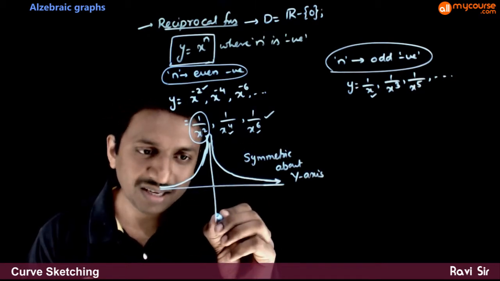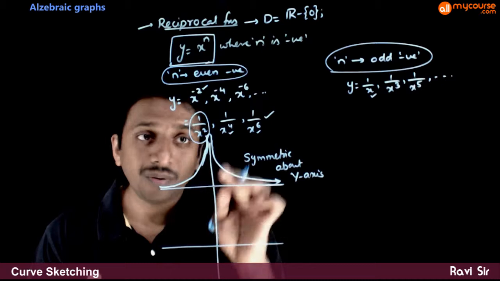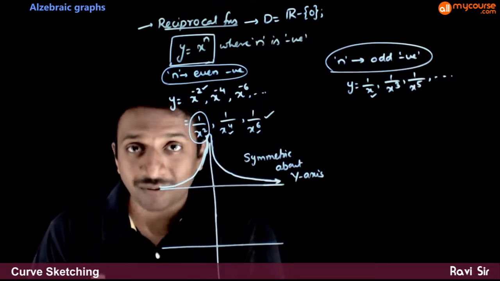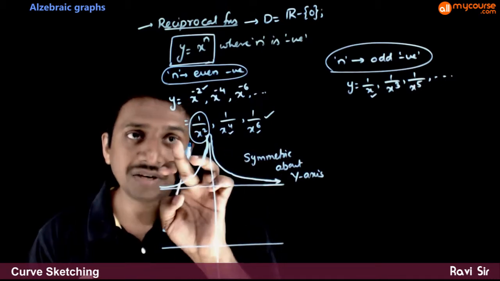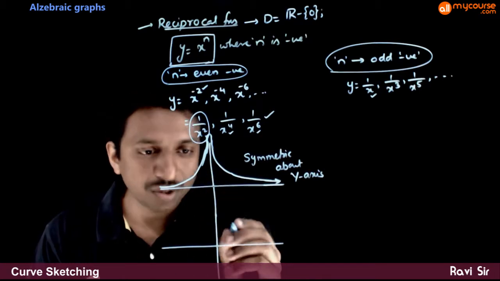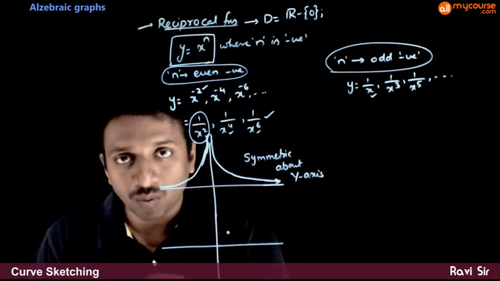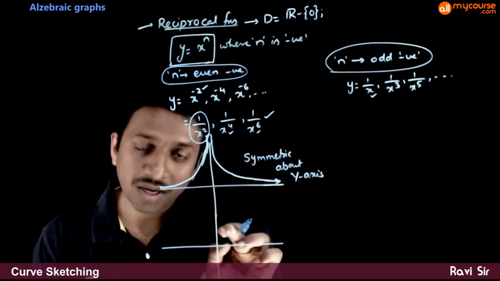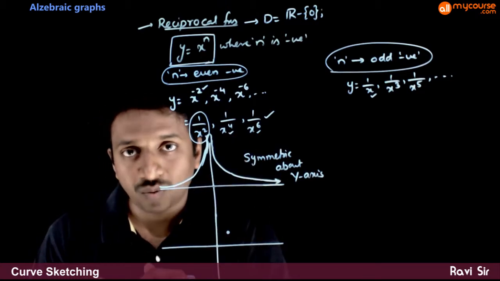That is, if you take the graph of y is equal to x to the power 4 compared to x power 6. As you can see, all these graphs pass through 1, 1. So if this is 1, 1, this graph also passes through 1, 1. This graph also passes through 1, 1.